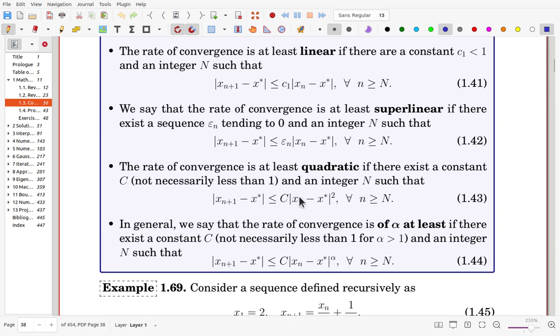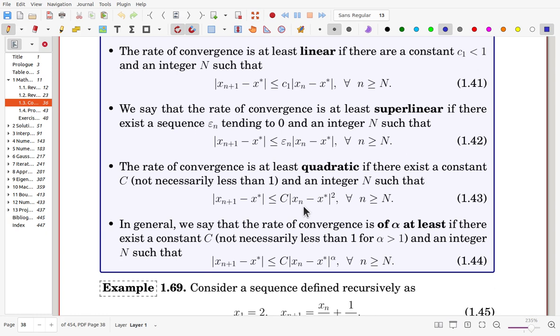For instance, if this is 10 to the minus 2, then squared is 10 to the minus 4, and even though some constant C is larger than 1, if the quantity is moderate, then this quantity will be around 10 to the minus 4, so the error is reducing quadratically, and we say the convergence is quadratic.